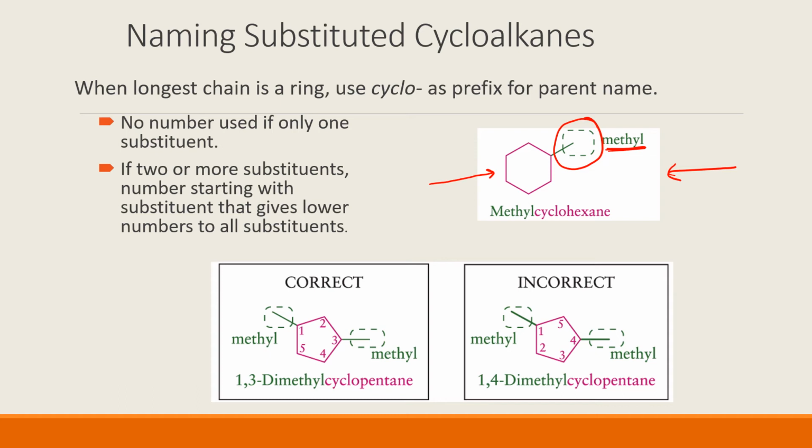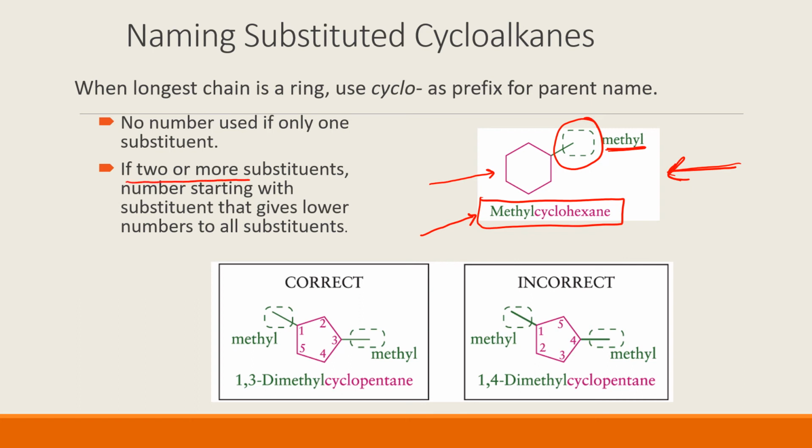In ring compounds, if we have only one substituent, numbers are not used because it is understood that the number for that substituent is 1. So the name of this molecule is methylcyclohexane. If there is only one substituent on a ring, no locator number is needed.